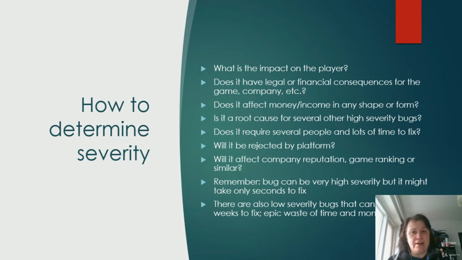Because time and money is limited. We are better off using this energy to fix something which has a higher severity than spending it for weeks to do something that has a very, very low severity at the end. So it's actually quite important to really understand severity to make sure that we feel confident about the severity of the bug.